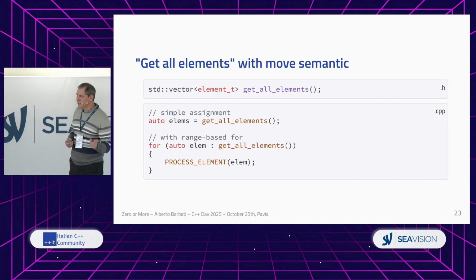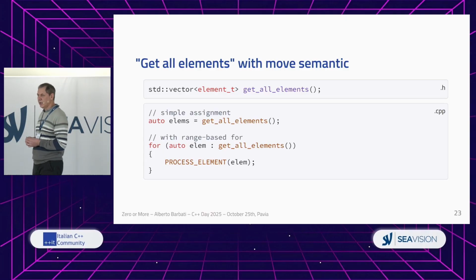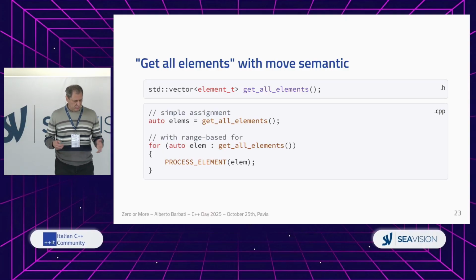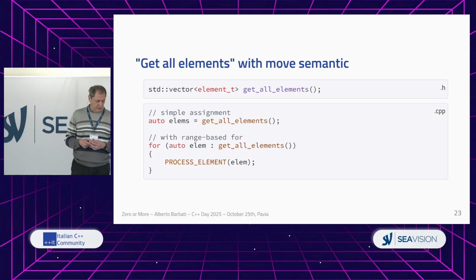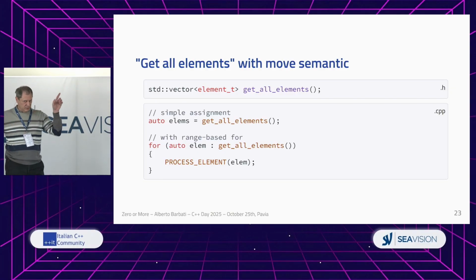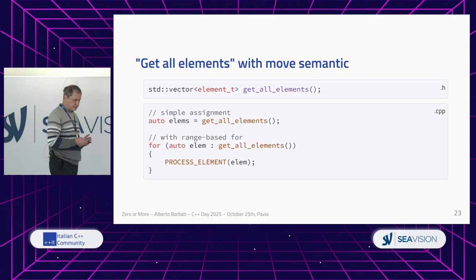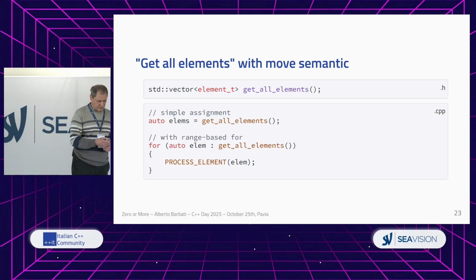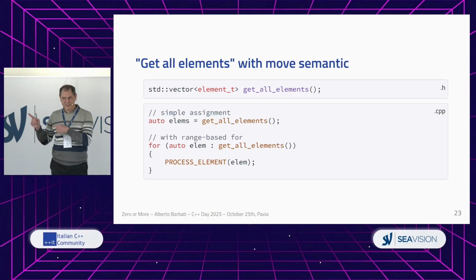With move semantics, this can be done cheaply, more efficiently. And so not only does the function look nicer because you don't have the reference arguments, but it's used nicely.